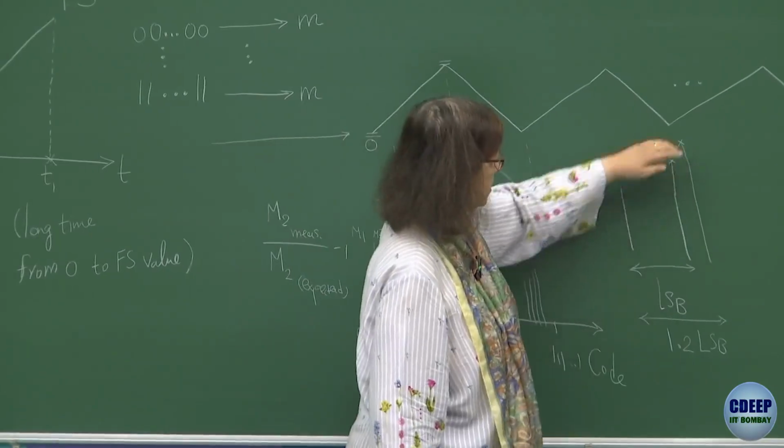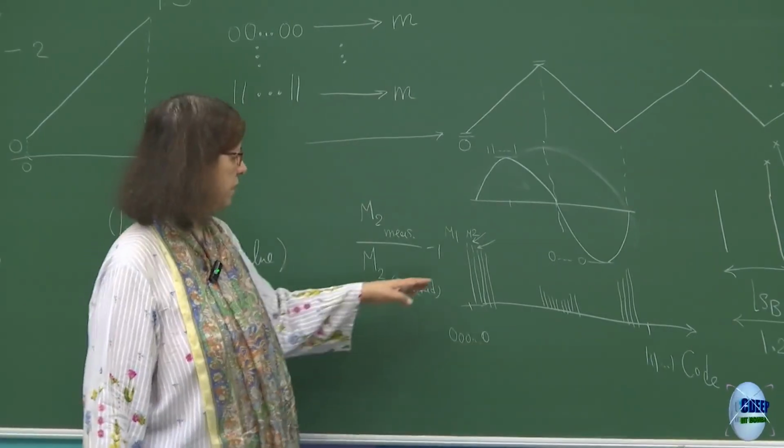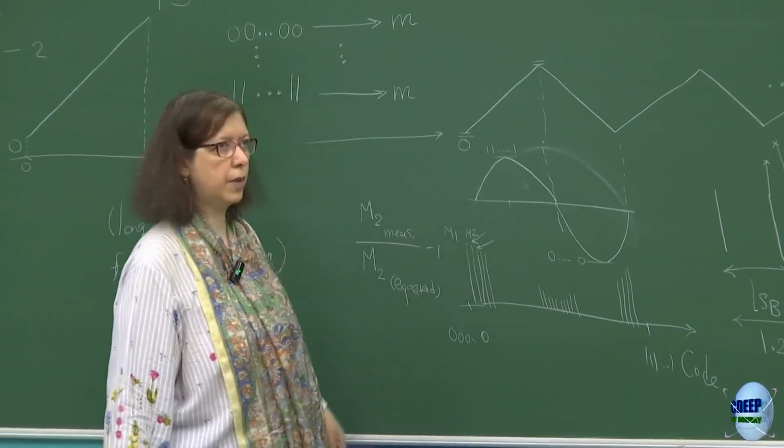As we increase this height, we are increasing this width proportionally. Yes, M2 is for code 2, M1 for code 1, and so on.